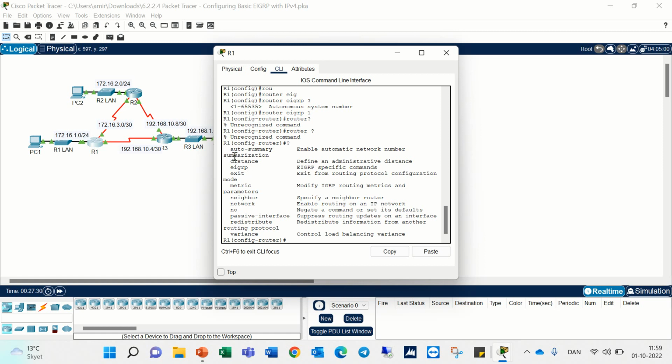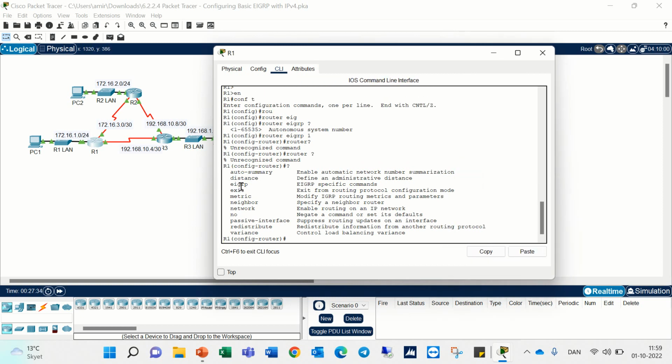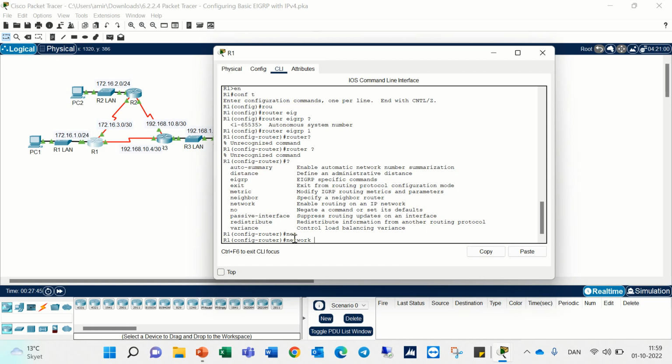We have auto-summary, distance, eigrp metric, passive interface, and various others. We lack some commands here, but what is important is that you should advertise your network here.